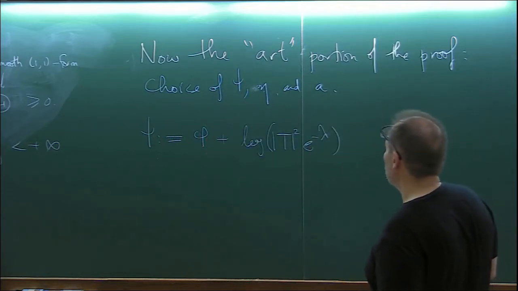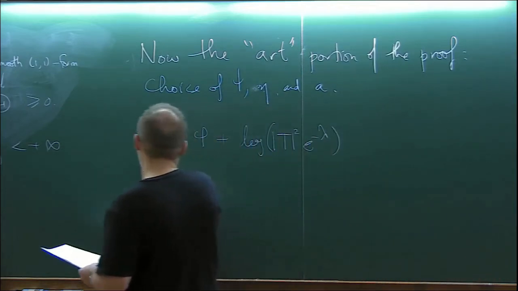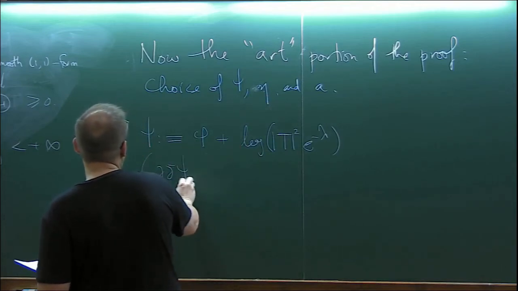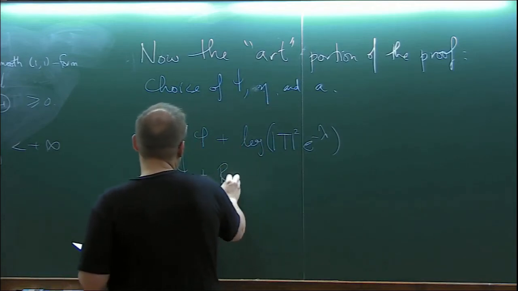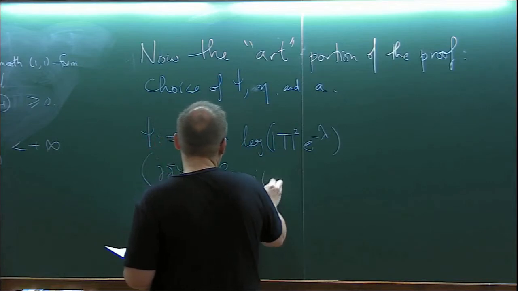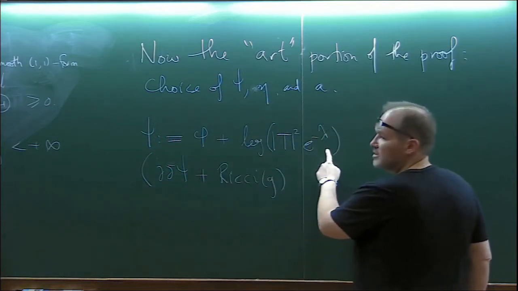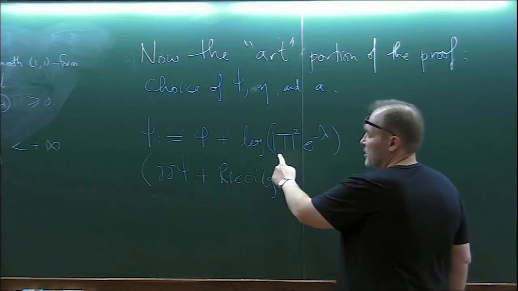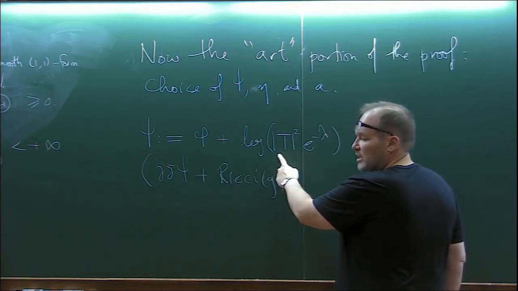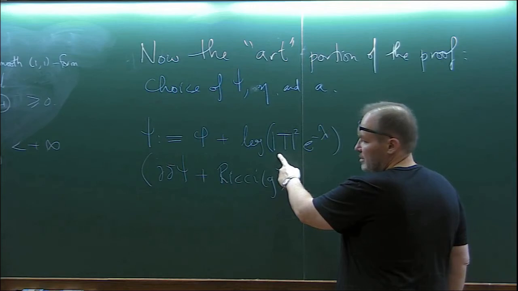So let me point out that dd bar psi plus Ricci of g, that's dd bar phi minus dd bar lambda plus dd bar log mod t squared. That's positive, so I'm going to ignore that.